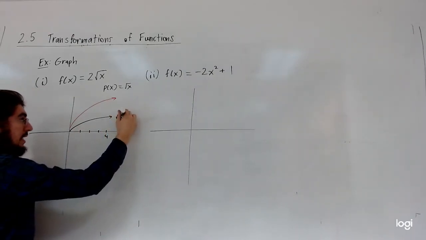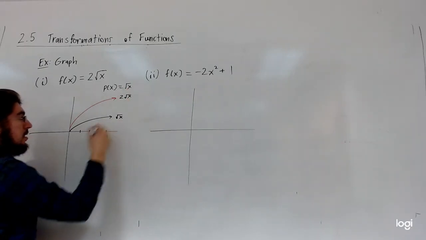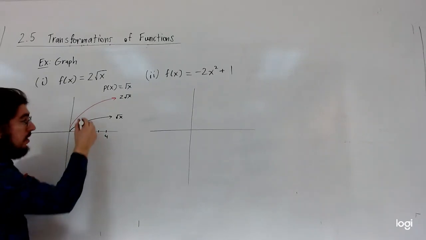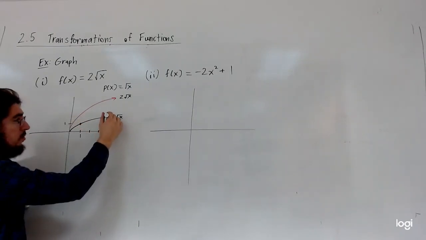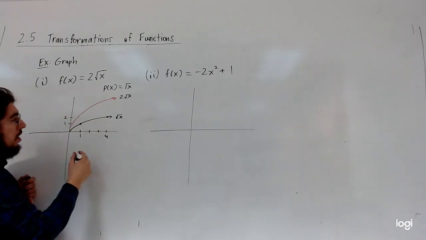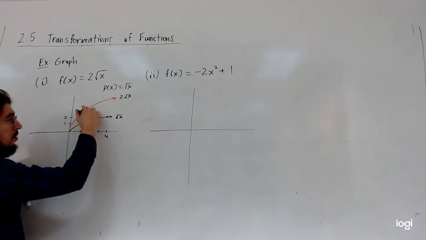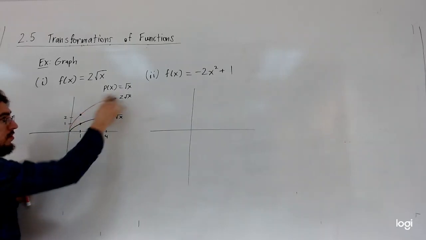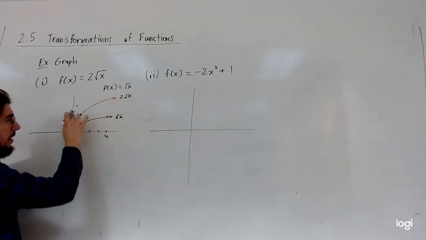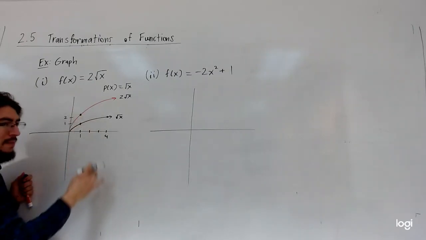If you wanted to worry about the specifics, let me kind of just share them with you. So this is radical x and this is 2 radical x. So when you square root 1, you get 1. When you square root 4, you get 2. Good. Now, if we're stretching this, well, when you plug 1 into 2 radical x, you should get 2. So it doesn't look like it lines up correctly, but imagine it does.